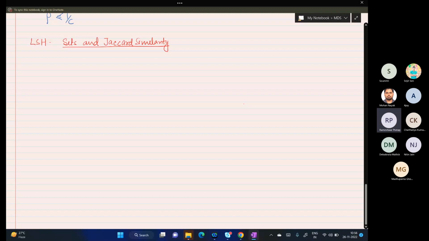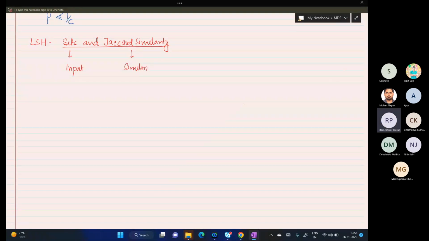So here our input is sets and the similarity measure is Jaccard similarity.